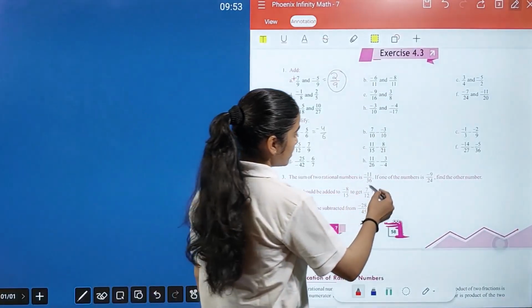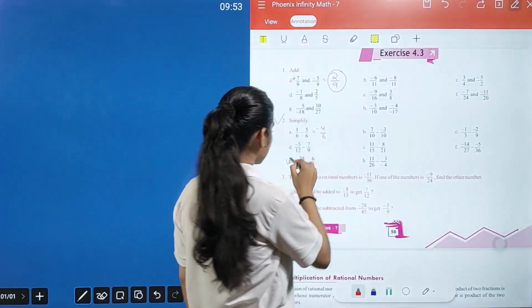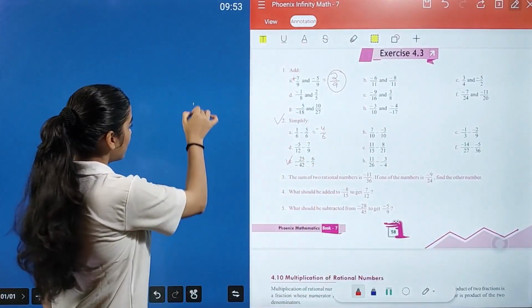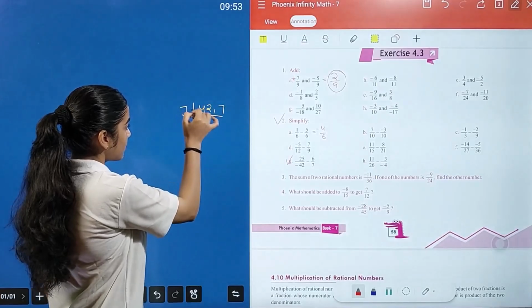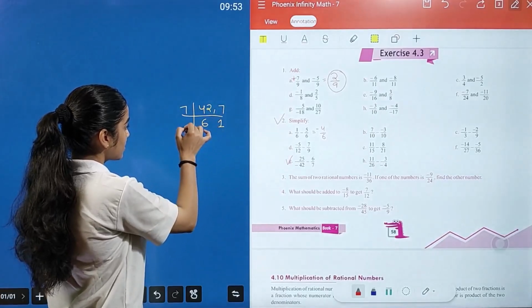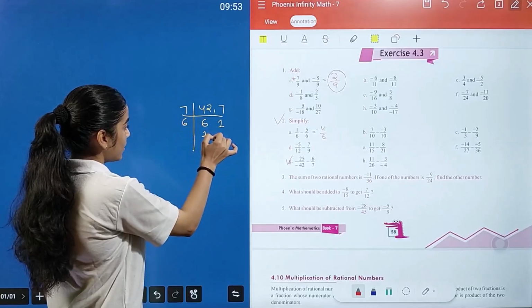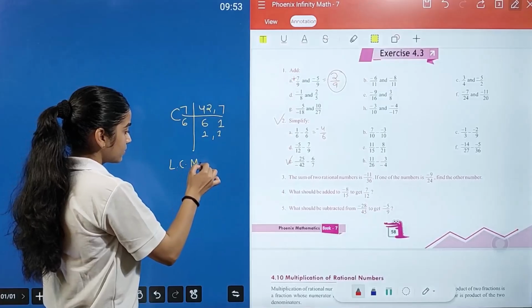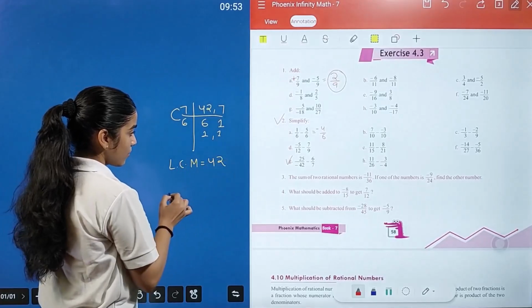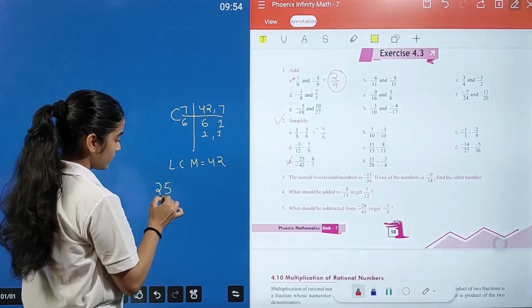Now, next, for example, let's take this one. The LCM of 42 and 7. 7, 1, 6 and 6, 1 and 1. So 7 sixes are 42 is your LCM. Now you have to multiply it with a number.